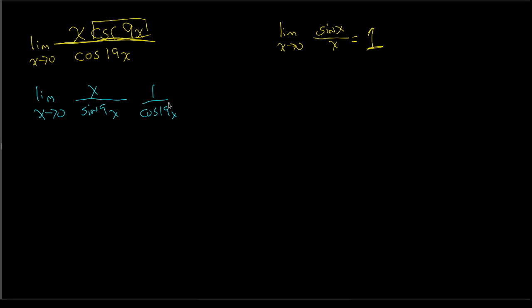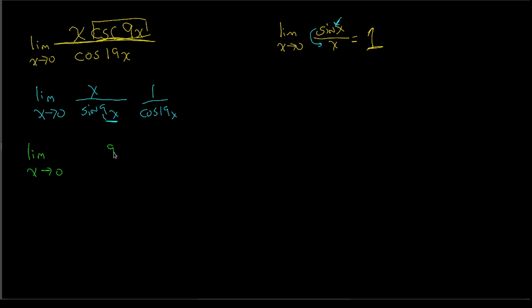And what I need to do now is, this is the argument I have inside the sine. So this denominator needs to be moving at the same rate as that denominator. So I need a 9 downstairs or upstairs.